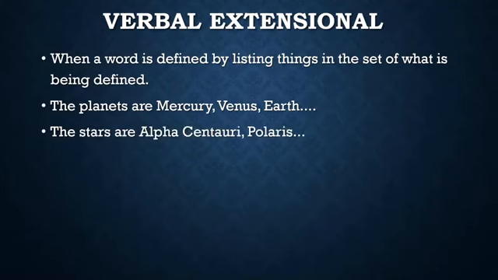But if you tried to do that with stars, obviously you would fail. If you say stars are Alpha Centauri, Polaris, the Sun, you cannot continue in providing a complete list there. So you just give a set of examples.